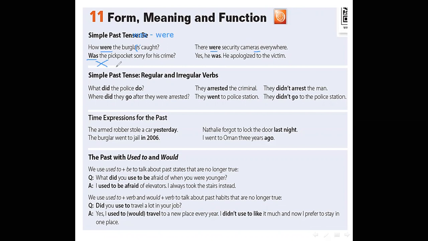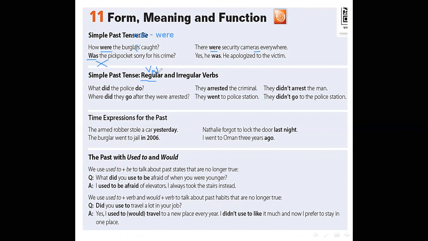What about simple past tense for regular and irregular verbs? For regular verbs, which verbs plus ed? Verbs plus ed, like help, helped, work, worked, study, studied. But there are some irregular verbs, like go, went, have, had, become, became.